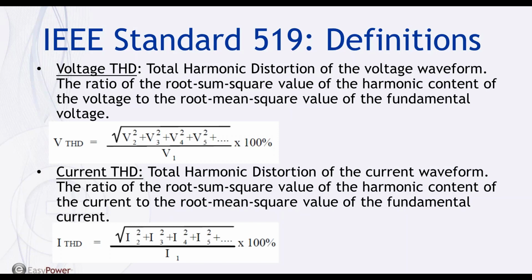So these formulas show the total harmonic distortion on a signal. The end result is a percentage comparing the harmonic components to the fundamental component of the signal. The higher the percentage, the more distortion that is present on the signal.